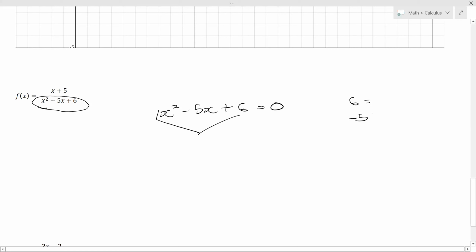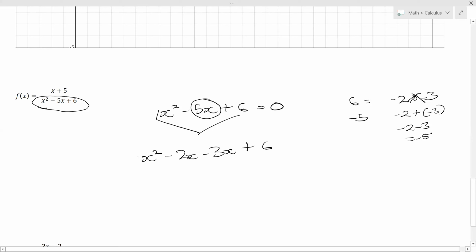That will be -2 and -3. If you multiply this, you get 6. -2 plus -3 will be -2 minus 3, that will be -5. So it means now that we can split this into x squared minus 2x minus 3x plus 6.